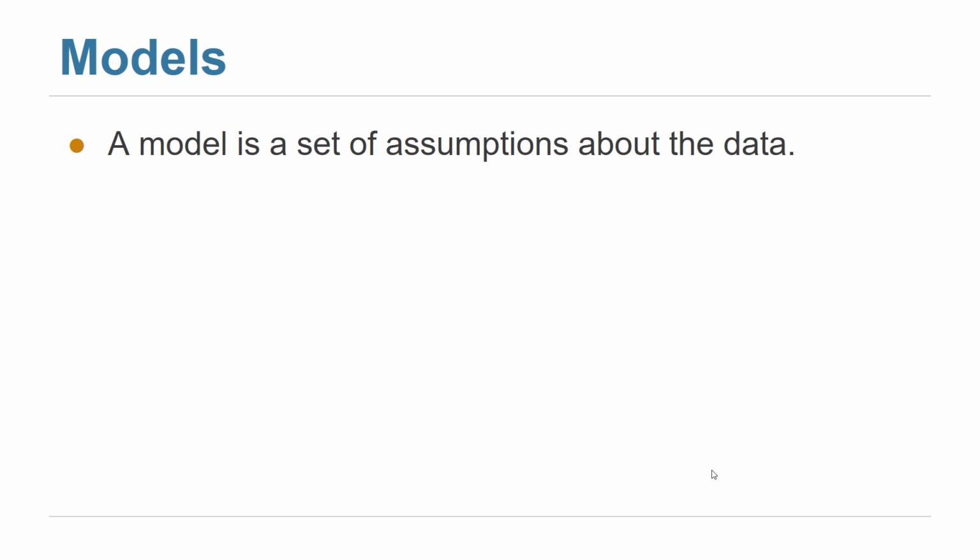This is what we call the model. And usually the assumptions are about how the data was generated. In other words, what is the distribution or the random process that was used to generate this data? That's what we call a model. So the model is a set of assumptions about how the data that we have was generated.